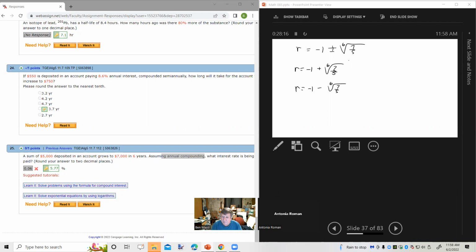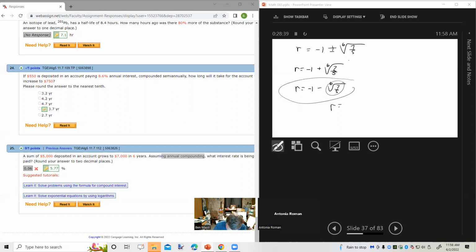Yes. Now, to save some time, would you agree that the sixth root of 7/5 is going to be a positive number? Yes. So let's take a look at this one. If this is positive, you've got -1 minus a positive number, which is going to be even more negative, right? Yeah.